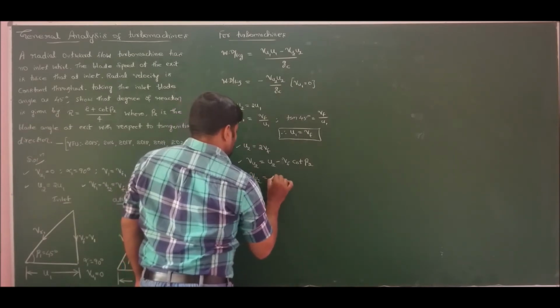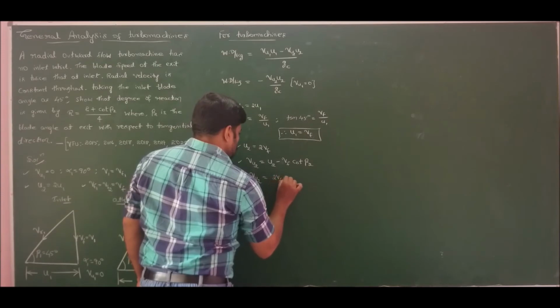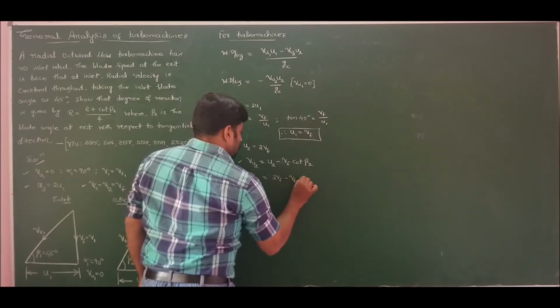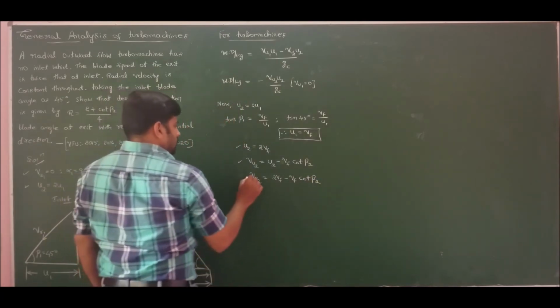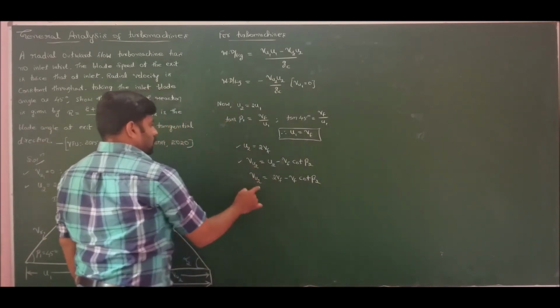U2 is already known, 2Vf, so Vu2 will be 2Vf minus Vf cot β2. So we have calculated both U2 and Vu2.